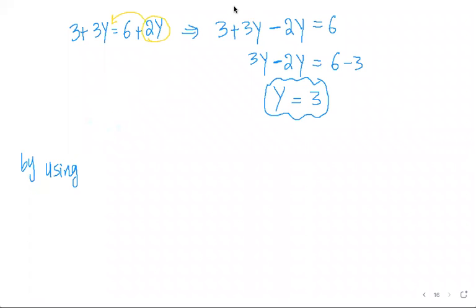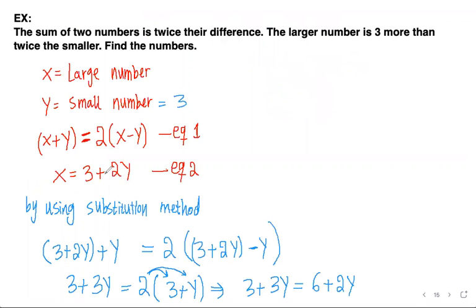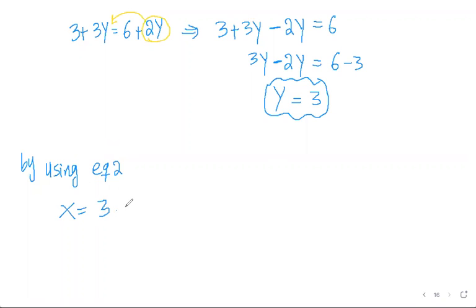So y equals 3. Now, to find the value for x by using equation number 2, x equals 3 plus 2y. Plug y equals 3 inside this. Get x equals 3 plus 2 times 3.